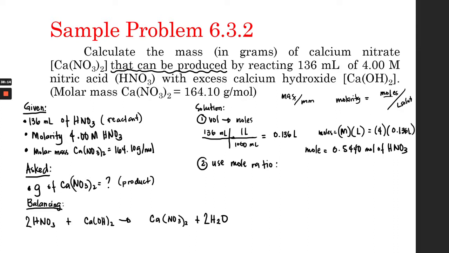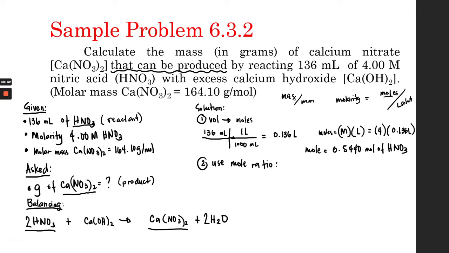So we have to find the relationship between your product CaNO3 and your reactant HNO3. From your balanced equation, you see that you need 2 moles of HNO3 to create 1 mole of CaNO3. So you can use that to find the moles of CaNO3.